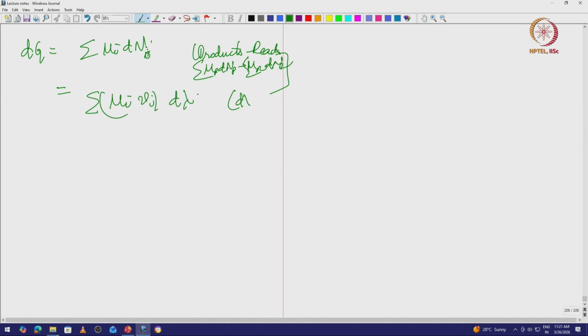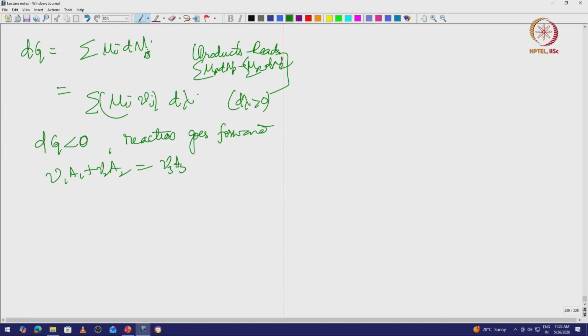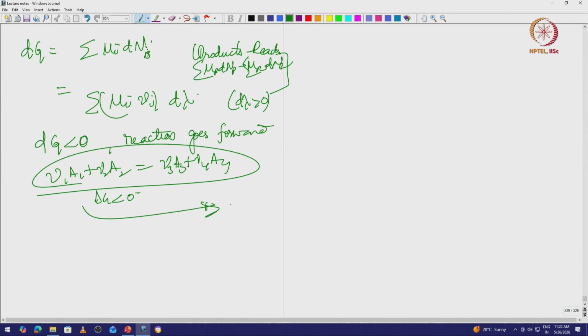And then I am going to assume that d lambda is greater than 0, okay. So I want the reaction to progress forward, but then I am saying that if dG is less than 0, the reaction goes forward, okay. So the reaction is what again? nu_1 A_1 plus nu_2 A_2 gives rise to nu_3 A_3 plus nu_4 A_4, and delta G of this reaction is less than 0. Which means the reaction should go forward, right. So that is the direction of spontaneity from thermodynamics, the second law of thermodynamics.